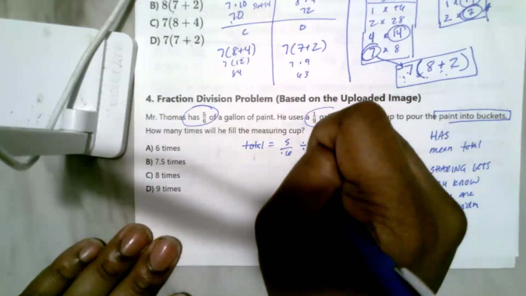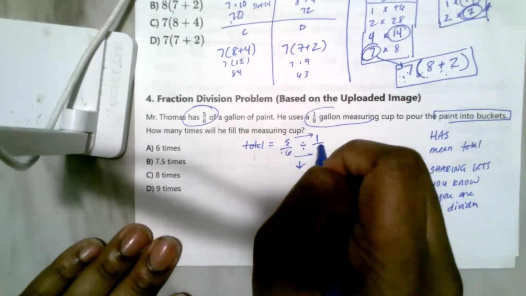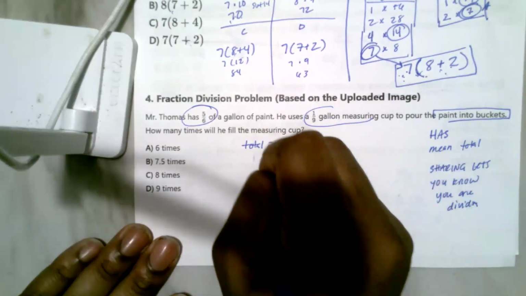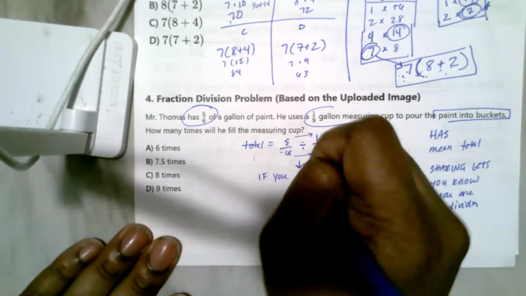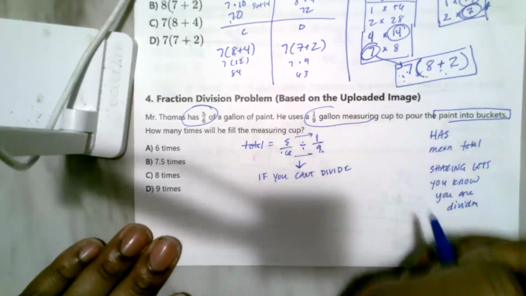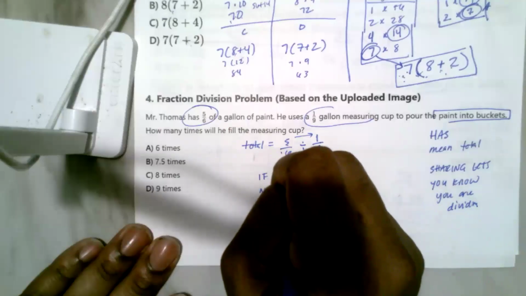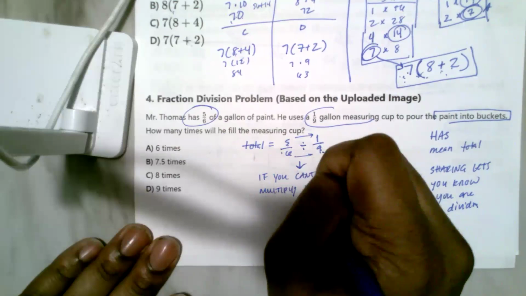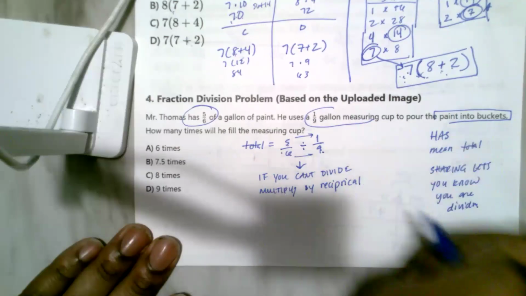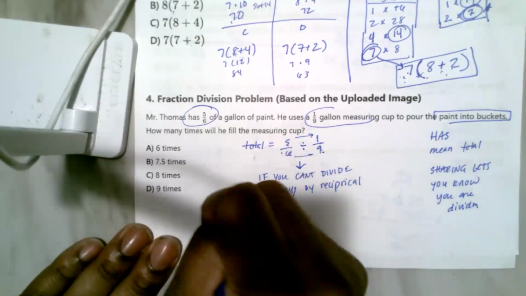Now, can you divide across? Well, 5 can divide into 1 five times, but 6 cannot divide into 9. If you can't divide, right, you need to multiply by the reciprocal, which means 5/6, keep the total first.